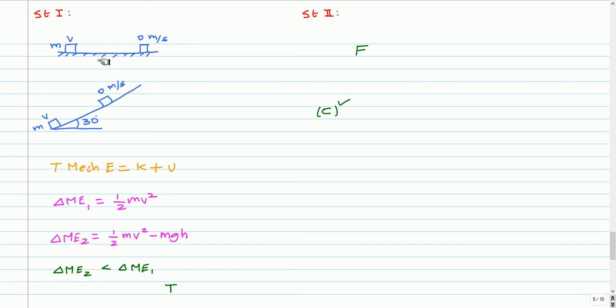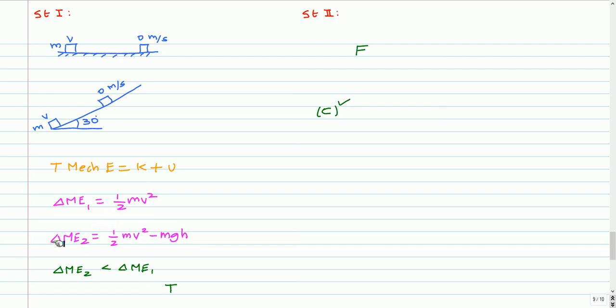In the first case, the decrease in the mechanical energy is the decrease in the kinetic energy, half mv square, and for the potential energy there is no change. In the second case, the decrease in the mechanical energy is the decrease in the kinetic energy, half mv square, and then the decrease in the gravitational potential energy. Since there is an increase in height, there is an increase in gravitational potential energy, so the decrease in gravitational potential energy is negative, minus mgh.